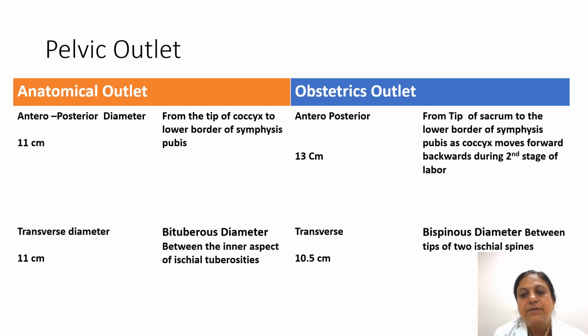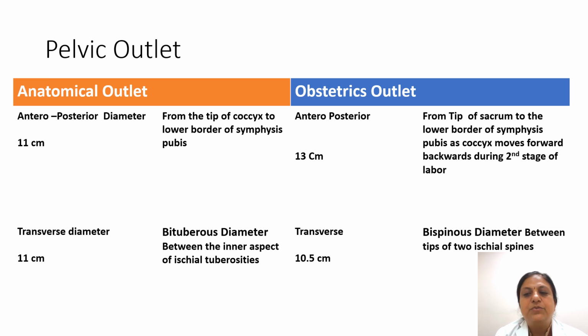It measures 10.5 centimeter. So please understand the difference. In the anatomical outlet, the transverse diameter is the bituberous diameter, whereas in the obstetric outlet, it is the bispinous diameter. Being the narrowest part, this is 10.5 centimeter at the level of ischial spines.